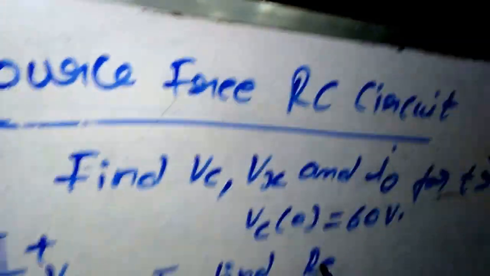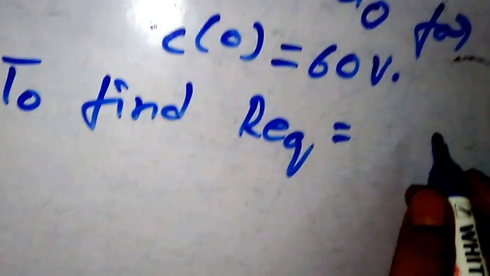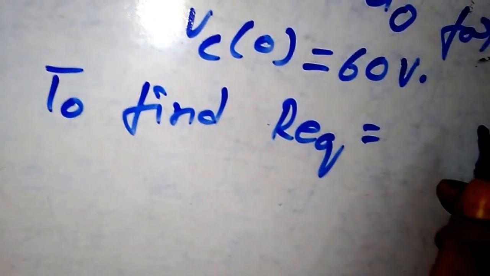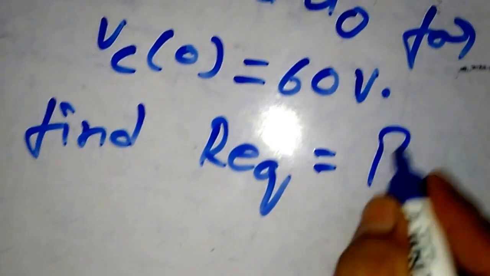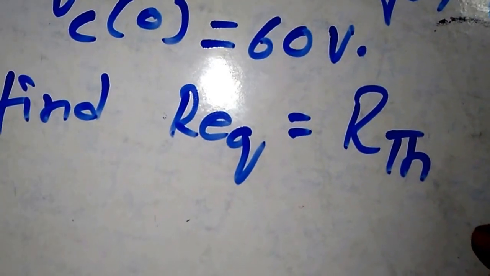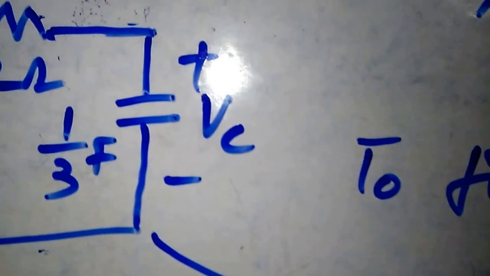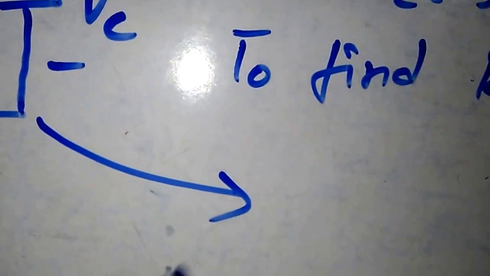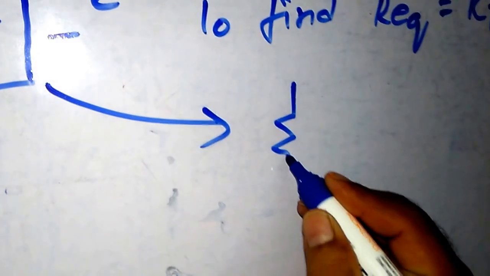So our aim will be to find R equivalent. What we said about how to find R equivalent is, you open the capacitor and at the terminals of the capacitor you find the Thevenin equivalent resistance. So this circuit, we'll modify it for finding RTH.